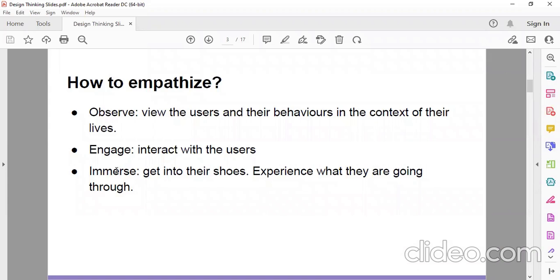Observe: view the users and their behaviors in the context of their life. Usually if we are asked to observe, we observe things in a controlled environment. But then we can't really get to know their actual way of response.